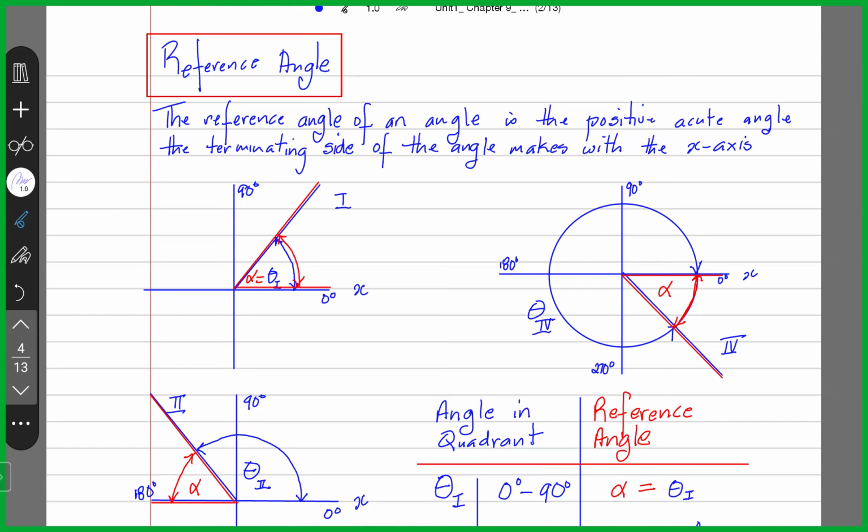You'll notice in the first quadrant that the reference angle is equal to the angle. The reference angle of the angle theta, alpha, is equal to theta. Remember, the reference angle is the positive acute angle the terminating side of the angle makes with the x-axis.